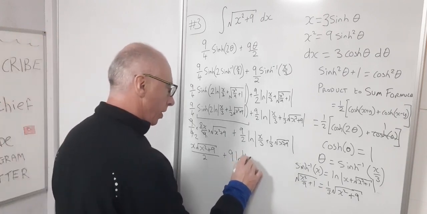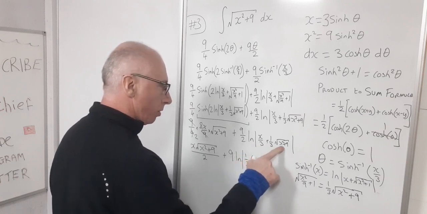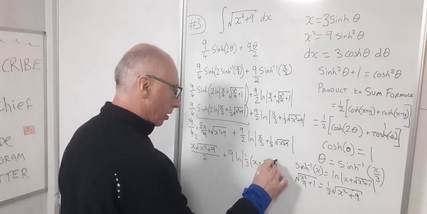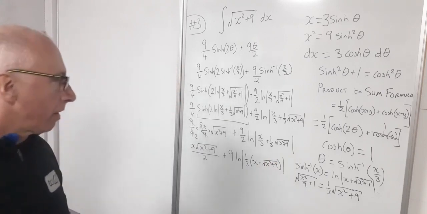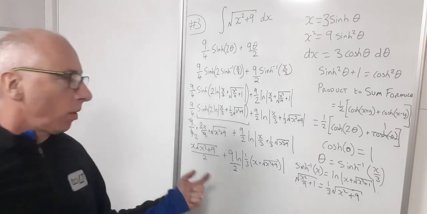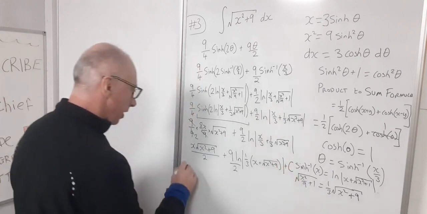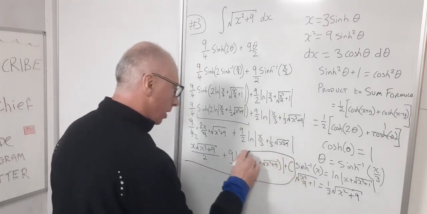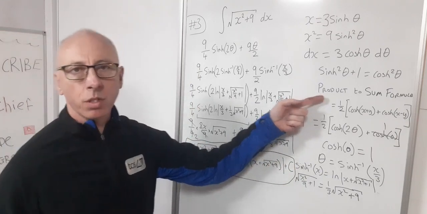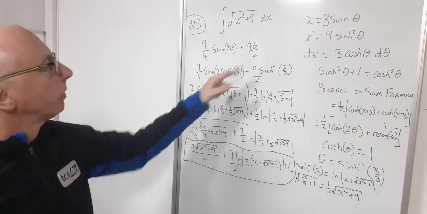So I've got 1/3, and then I've got x, so that will be factored out with that one, and then this one I need the square root. Okay, that one takes care of that, and I need to divide it all by 2. And then all I need now is my plus c. So I can just squeeze that in at the end there, and that will give me the answer to my integral, my third way, where I used the product to sum formula to get to my answer. And then this one, our integral, gave us that result. Okay.